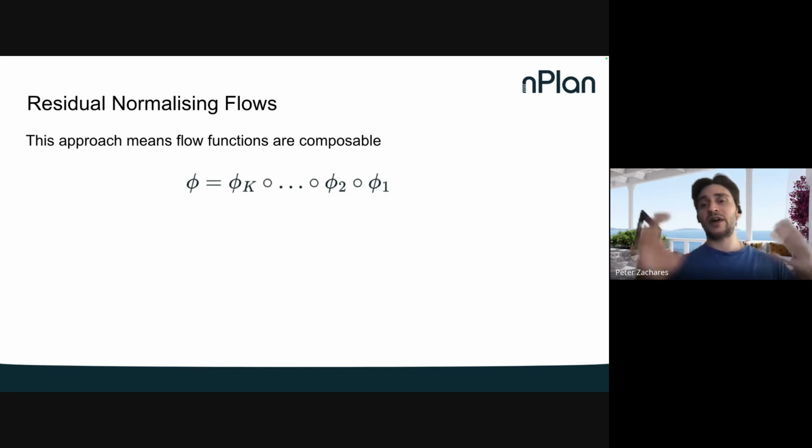So you could have like 5 of them that are all residual normalizing flow functions, just add them together, and you know that it's going to be a normalizing flow. Or not add them, but compose them. So you call one after another, and it's still going to be a normalizing flow model.